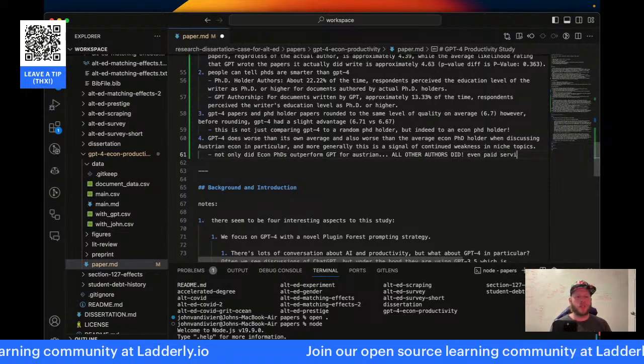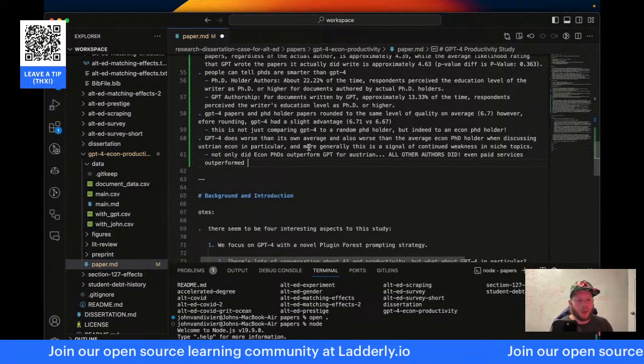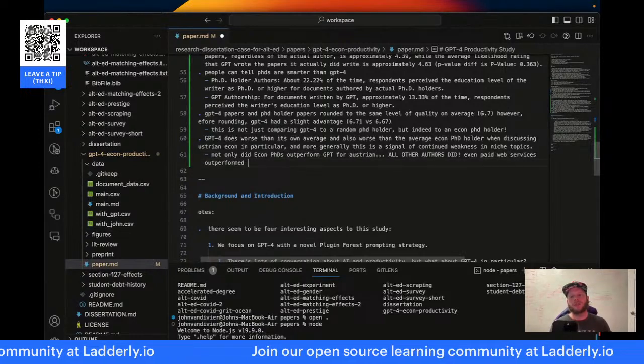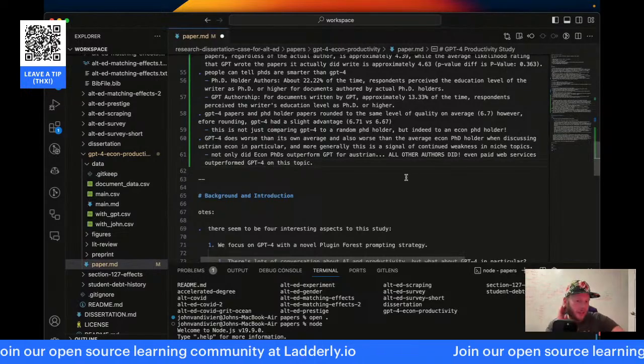Even paid services outperformed, even paid web services, on this topic. Let's double check that.